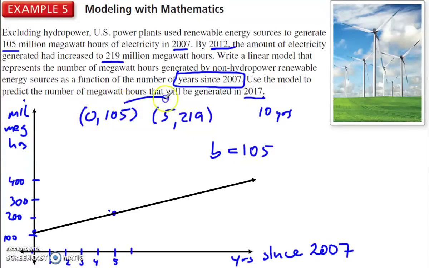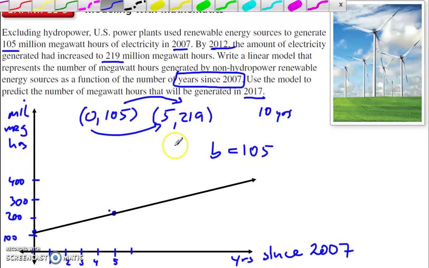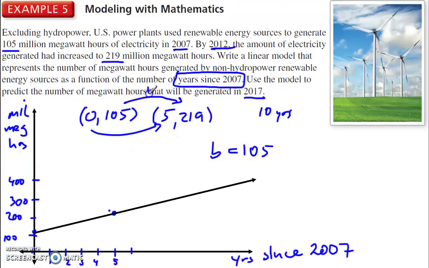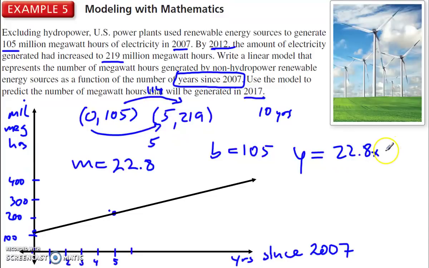And my slope is from 105 to 219, and that is 114. So that's 114 divided by 5, which gives me a slope m of 22.8. So y equals 22.8x plus 105.